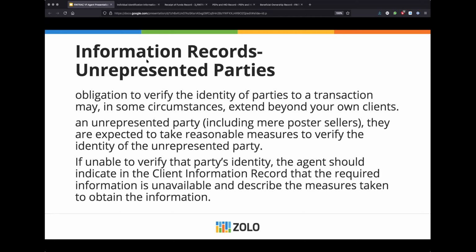The most prominent example being an unrepresented party in a mere posting for sellers. So if you're looking at placing an offer on a property listed by Purple Bricks, Property Guys, or any other mere posting real estate brokerage, you are expected to ask the seller for a piece of ID.